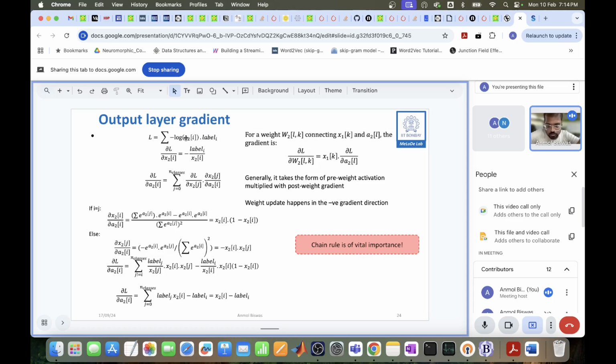Because we are taking the gradient with respect to x2 of i, the ith value, all the other values would be 0, because they do not depend on x2 of i. So you get minus label i divided by x2 i, since 1 by x is the gradient of log x.